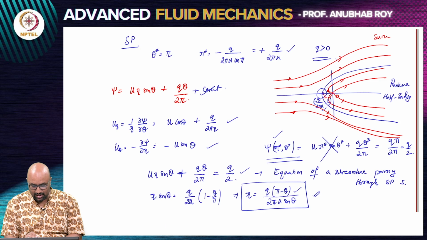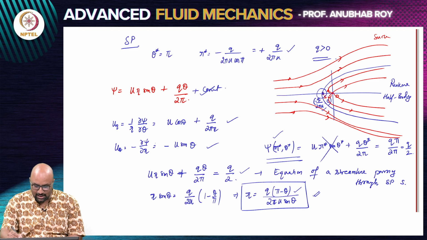As you can see, this particular function r starts off from 0 when theta equals pi, and as I go to smaller and smaller theta, eventually, when theta approaches pi, r would be the location which is q by 2 pi u.